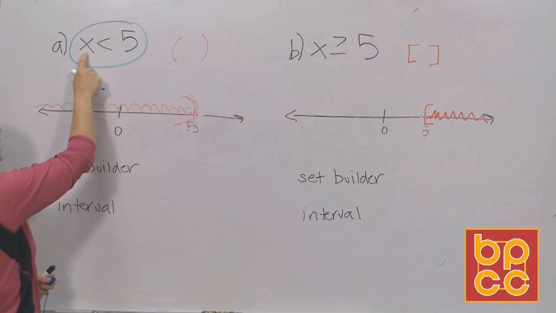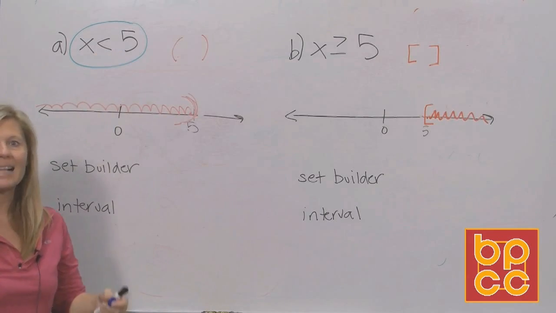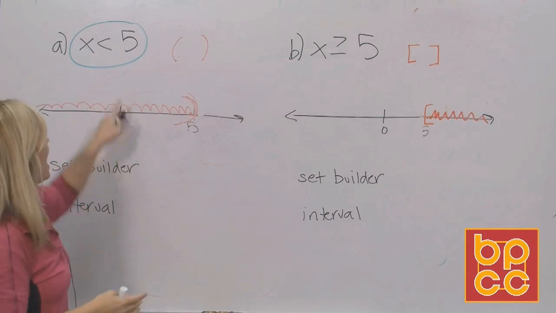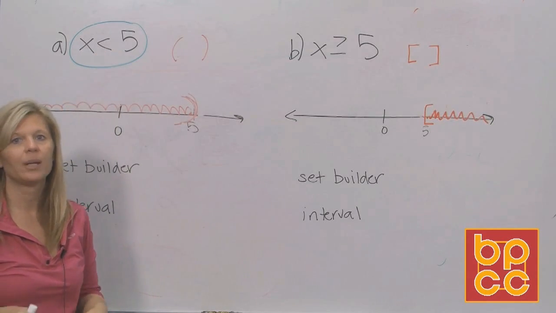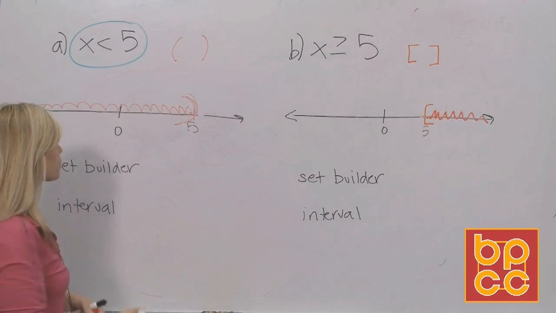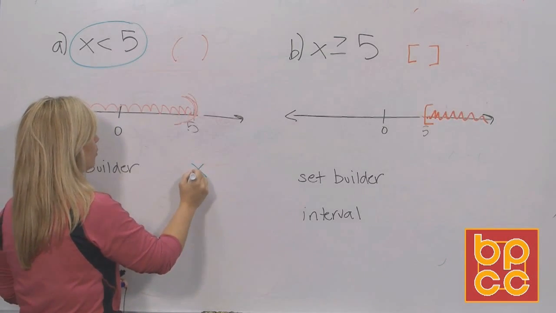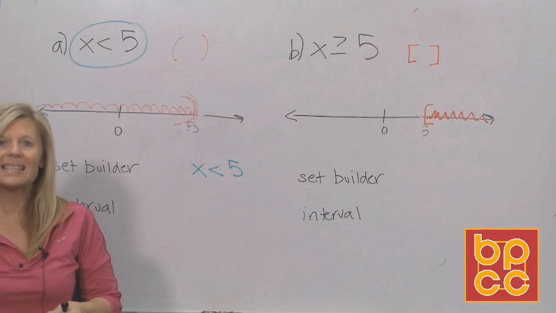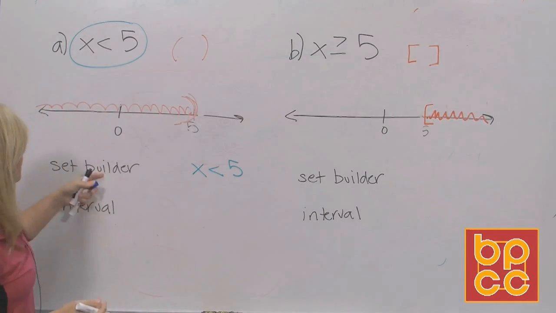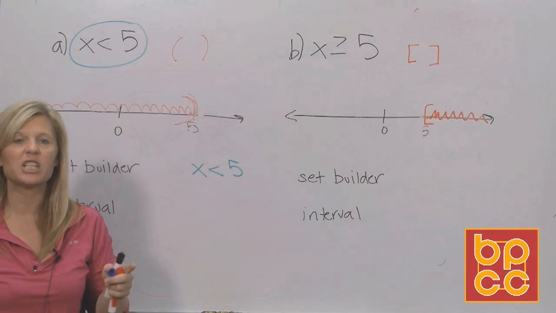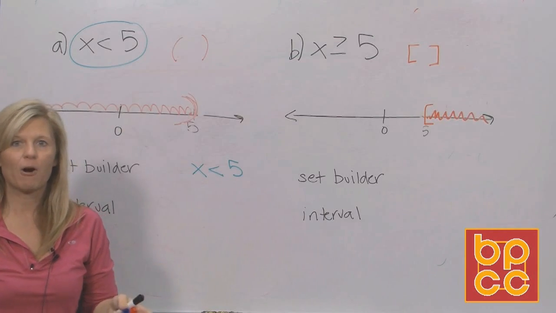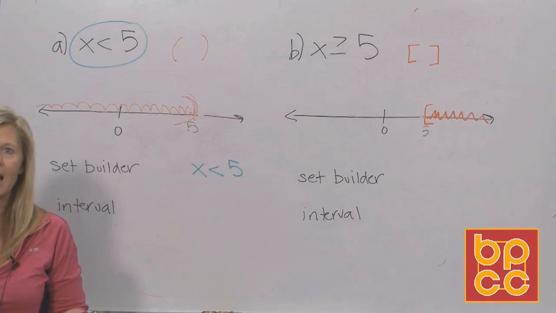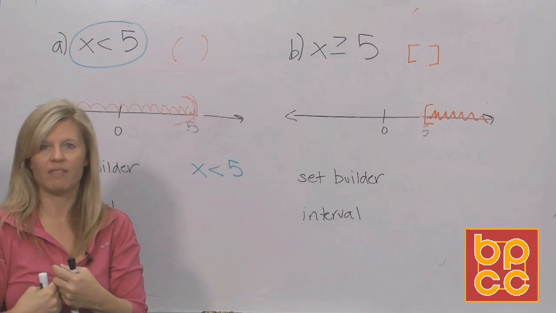When I read x is less than 5, that's what we call set builder notation. I see the inequality symbol. Now, back in algebra, you cheated. You just wrote for the answer x is less than 5. Well, that's not acceptable. Set builder notation has to be written a specific way. First of all, anytime you hear the word set, a set is a collection of items.